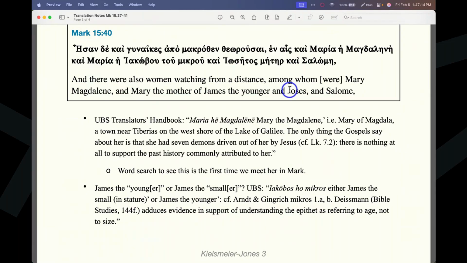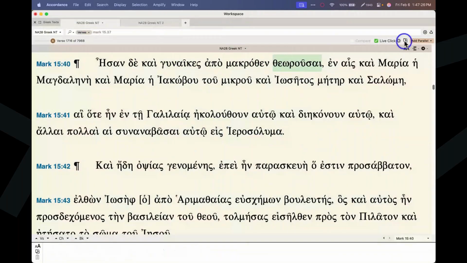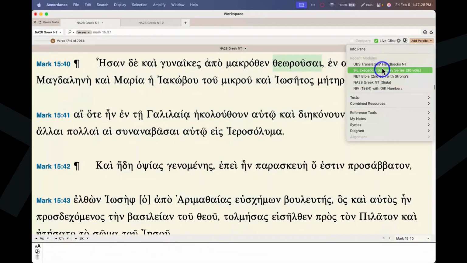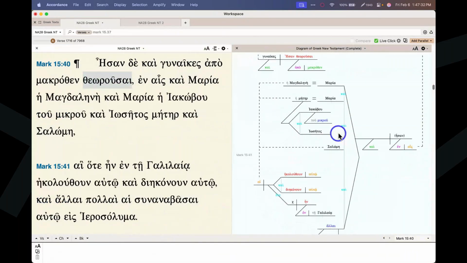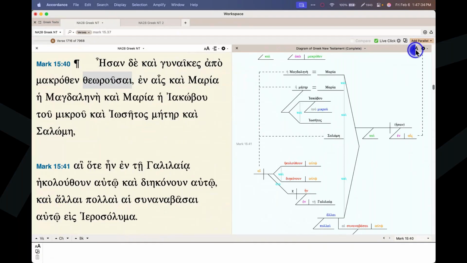But that's the idea. There are women watching from a distance, among whom were these three. This last phrase here before we get to Salome, the diagrams are helpful for that, because if you're struggling to make sense of it, you'll see the diagrams putting it in an order that makes sense.